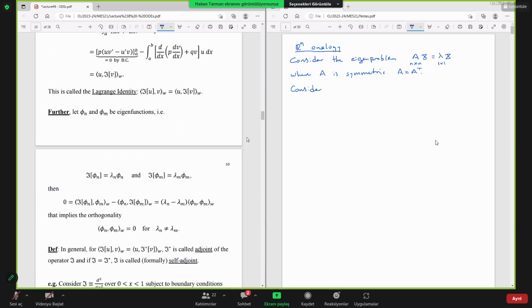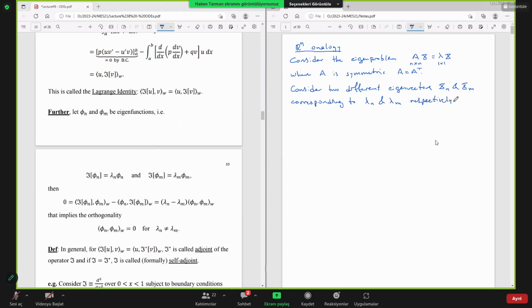Consider two different eigenvectors, xn and xm, let's say, corresponding to lambda n and lambda m respectively.